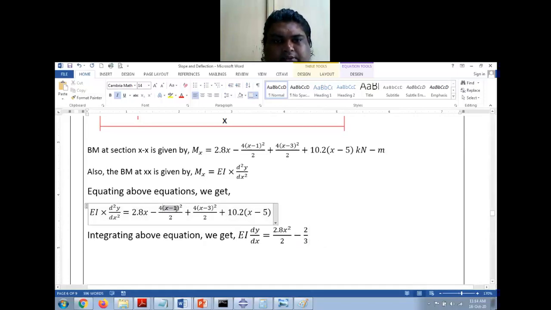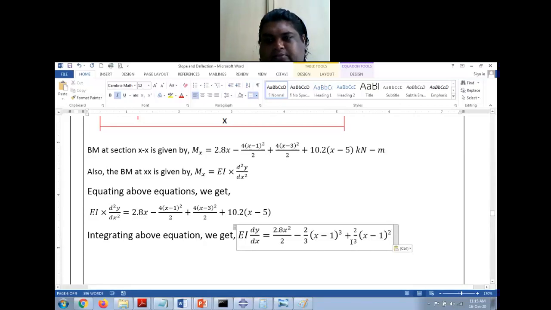Just take this, (x minus 1) whole cube, right? Then I have 4 by 2, so that will also be 2 (x minus 3) whole square, so that will be (x minus 3) whole cube by 3, so plus 2 by 3 (x minus 3) whole cube, right?